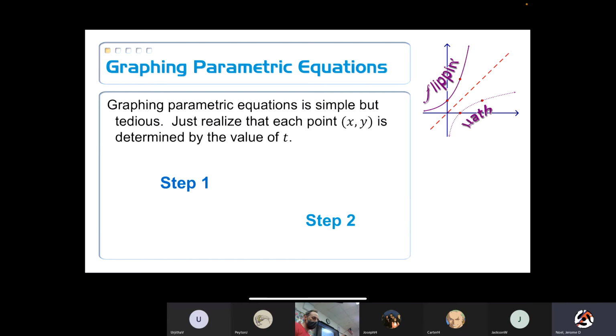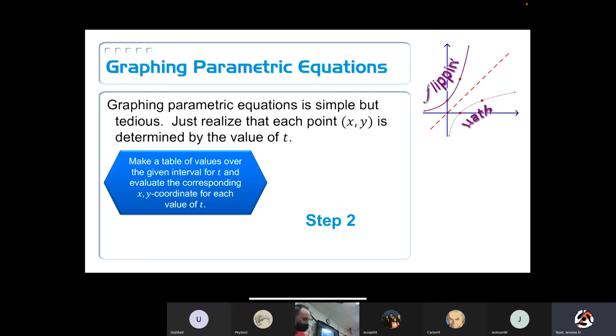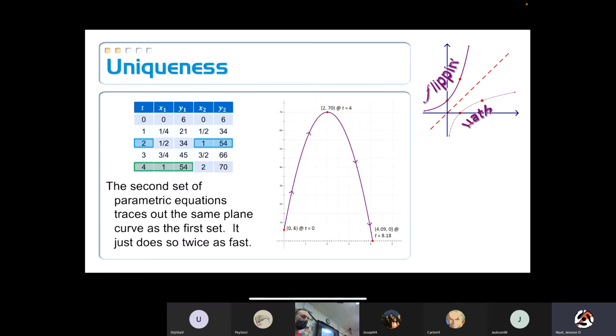All right, the next thing that we're going to do is talk about how you're supposed to graph it. If you had to do it by hand, you do it Algebra 1 style. You make yourself a table of values, just like what we saw right here.